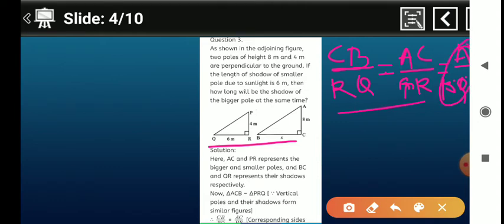We take only two sides in the ratio. CB upon RQ is equal to AC upon PR.